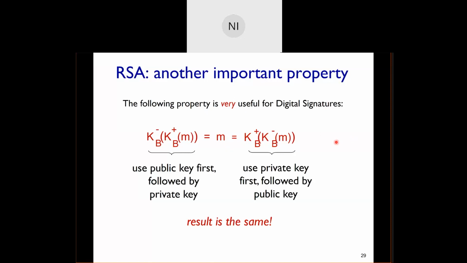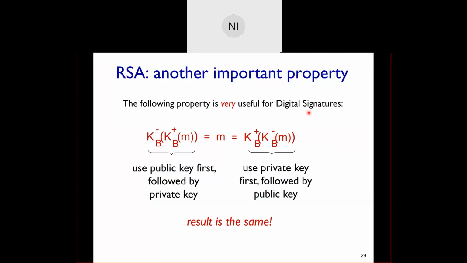When I was talking about generating the key pair, n comma e as the public key and n comma d as the private key, you can also make n comma e the private key and n comma d the public key. There are only two keys. One of them you designate as the private key and the other as the public key. This property holds, and because of that, we also use RSA for digital signatures.